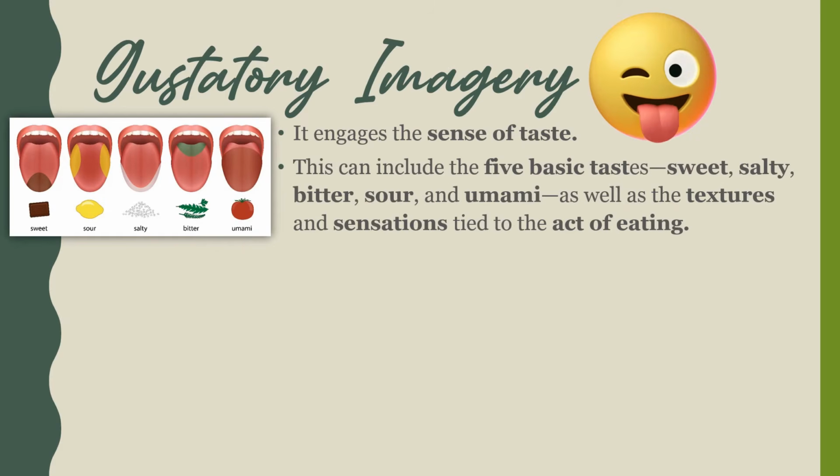Next is gustatory imagery. This type of sensory image engages the sense of taste. This can include the 5 basic tastes, which are sweet, salty, bitter, sour, and umami, as well as the textures and sensations tied to the act of eating.